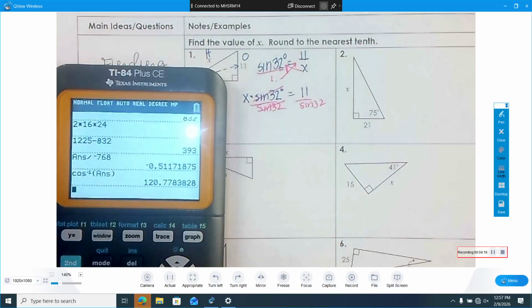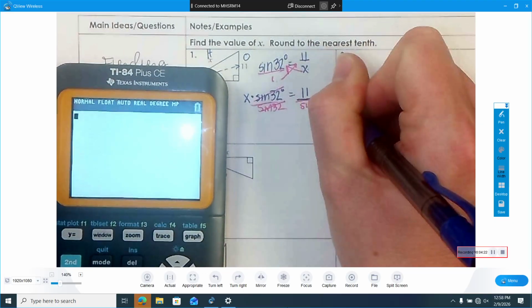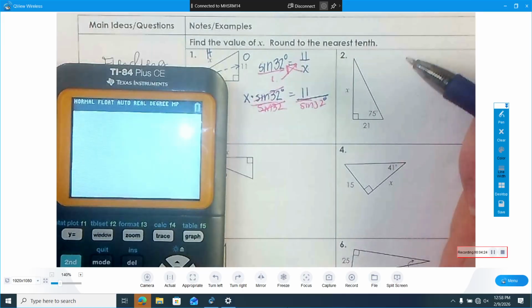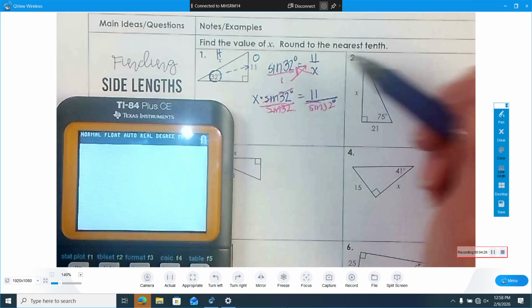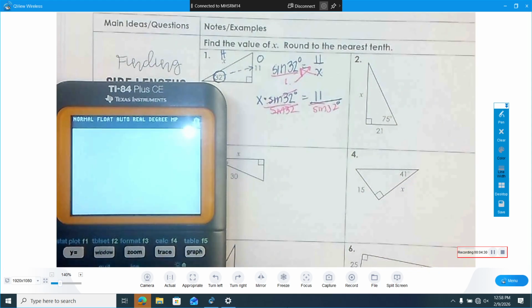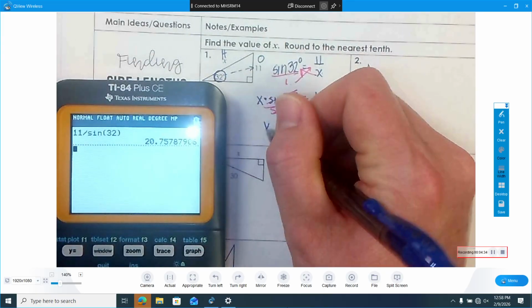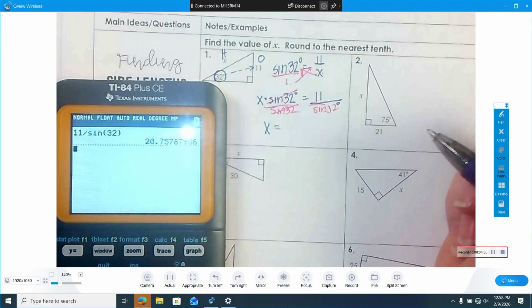What mode should your calculator be in? Degrees, yeah. Why? Because they gave us degrees, so we should be in degrees. 11 divided by the sine of 32 degrees. Be careful on rounding.